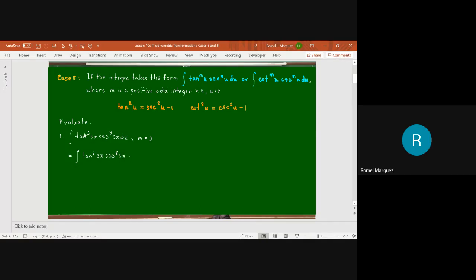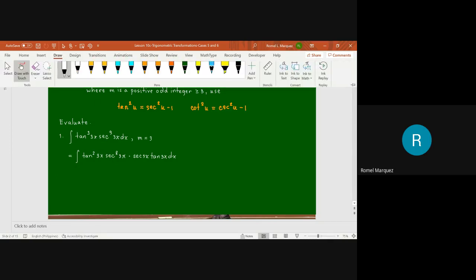We are going to separate one tangent from this tangent cubed, and one secant from secant to the 9th. So we have secant of 3x tangent of 3x dx. So this will serve later as the differential of secant. So all you have to do is, of course, fix in case there is a missing constant to complete the differential of secant. So this secant to the 8th is retained now, and then we are going to transform this quadratic tangent.